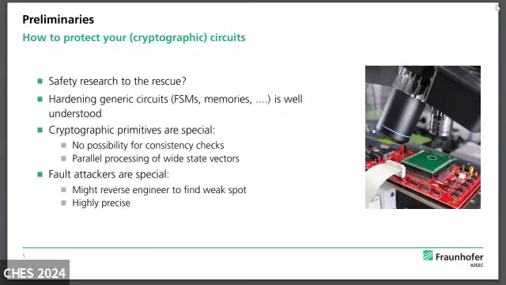So back to this slide, not only are cryptographic primitives special, fault attackers are also special. They are best not compared to radiation, which might flip random bits, but fault attackers might reverse engineer an implementation to find its weakest spot and then be highly precise when introducing faults, for example, with laser fault injection, as we can do in our laboratories.